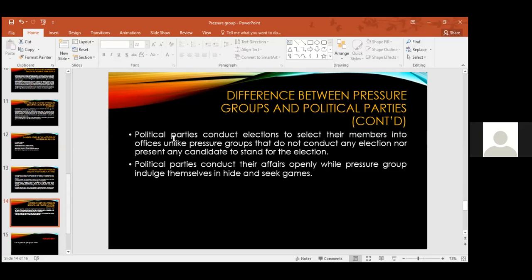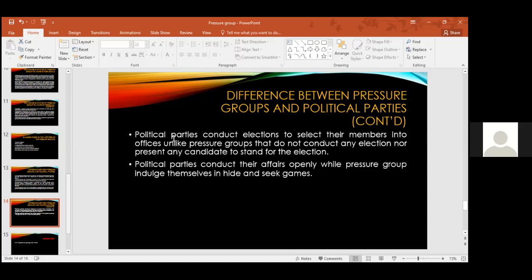But for pressure groups, majorly they appoint. They don't elect, they appoint. That means they look at the member that is okay, that is smart, that is a leader, and they put him there. So that is the difference. Unlike political parties that do elections, pressure groups appoint.